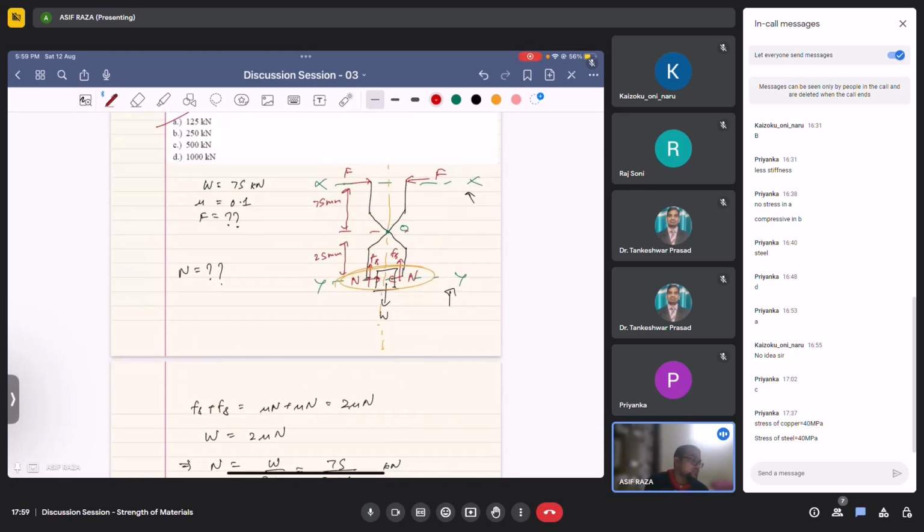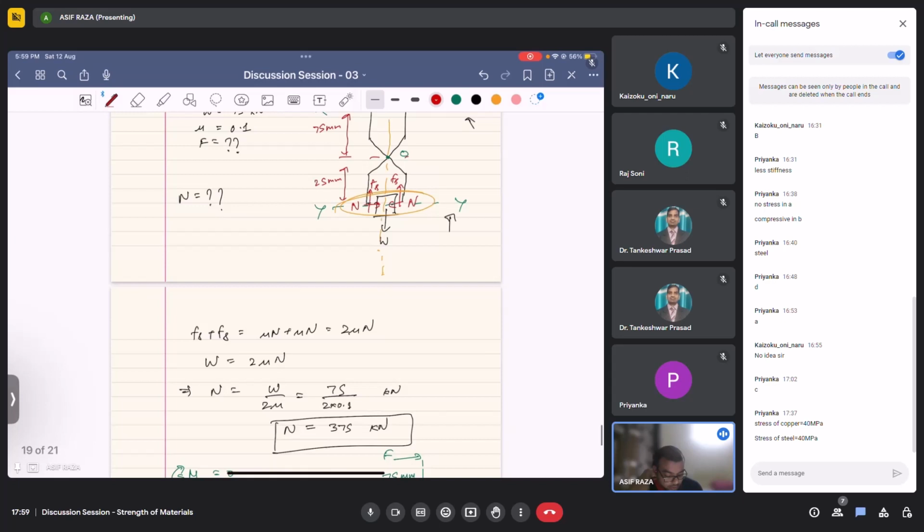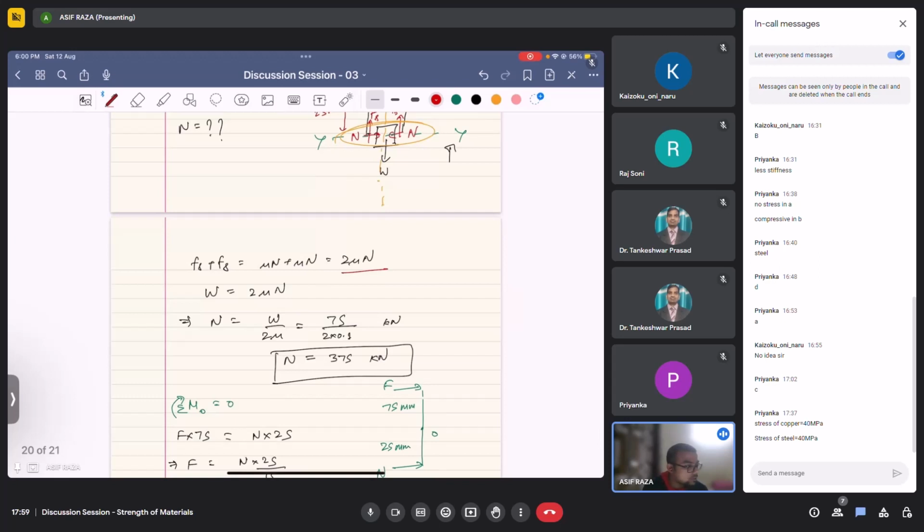Friction would act on both surfaces, and friction force is equal to mu times normal. So mu times normal for both would be 2 mu normal, and this friction force should resist the weight, and with that we'll be able to get the normal.